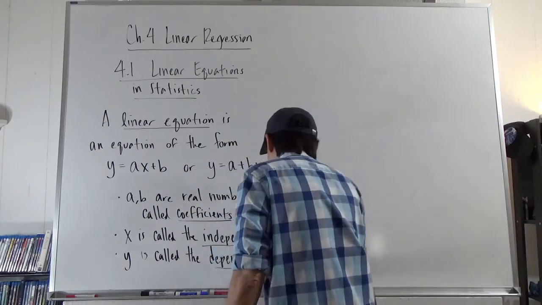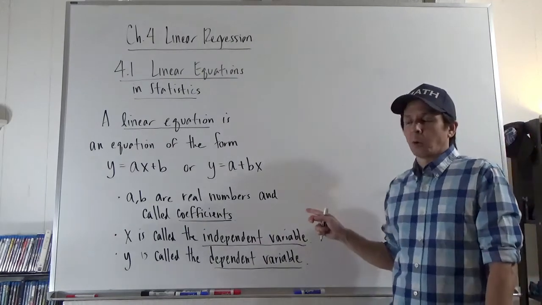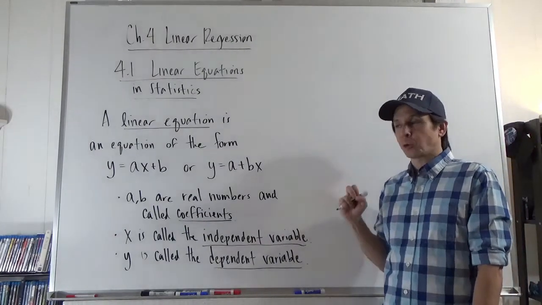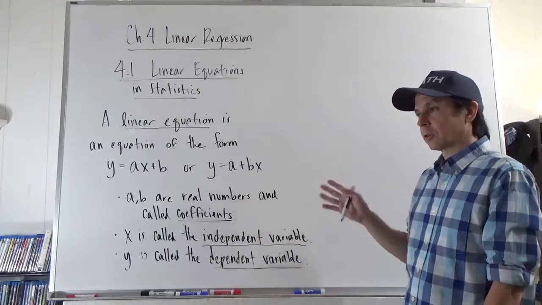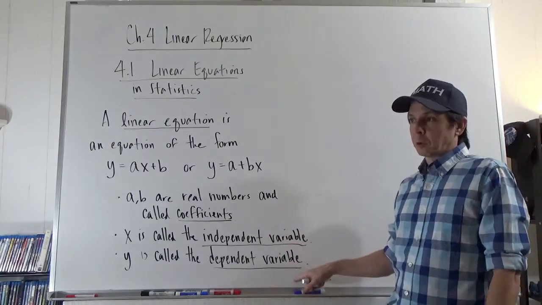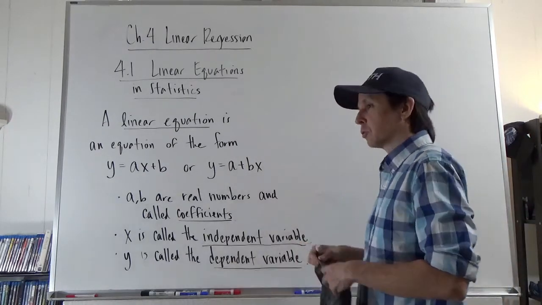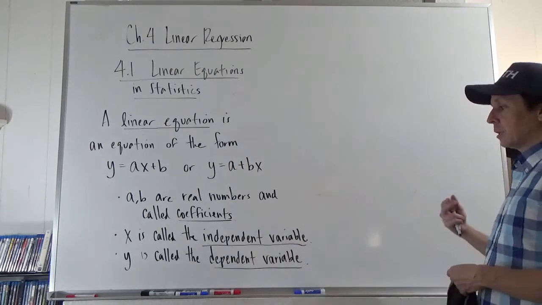And there's actually other terms for this. X could be called the independent variable, or sometimes the explanatory variable. Don't write that down because I'm not going to use that term. Y is called the dependent variable, but also the response variable. Don't worry about that, but the most basic ones are dependent and independent variable.